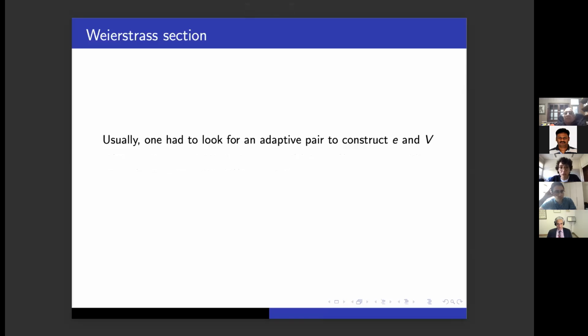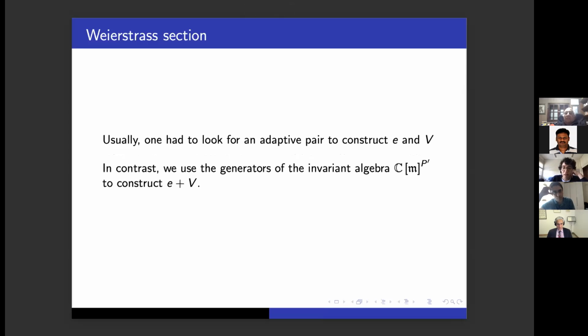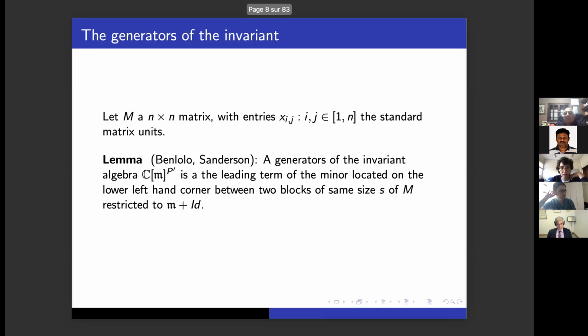The conventional wisdom was to look for an adapted pair and then construct E and V. And you can use the method of constant, but it does not work all the time, as said before. So what we did, in contrast, we took our detailed understanding of the generators of the invariant algebra, and we constructed E plus V. Therefore, I will tell you what our generators are.